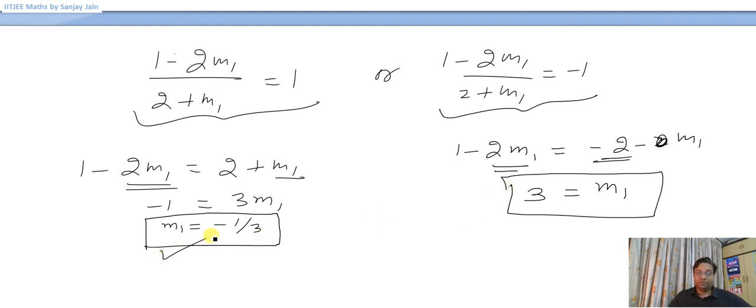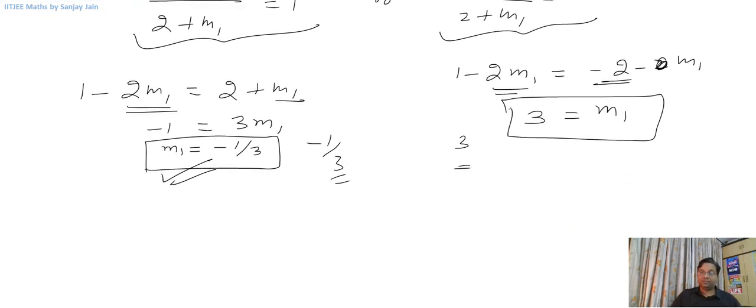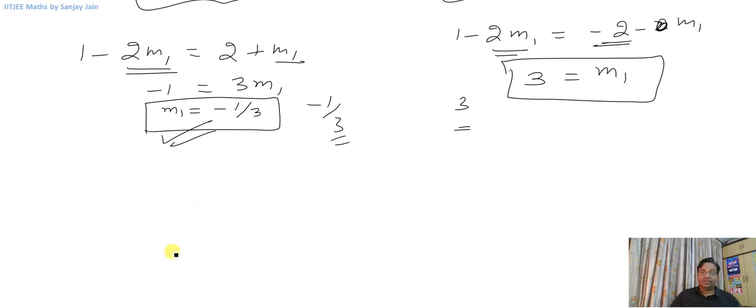And if you notice, these slopes are minus 1 by 3 and 3, which are negative reciprocals of each other. So these lines are perpendicular to each other. So let us see what can be the situation. We are given this line here, okay, and let us say this was the given line.